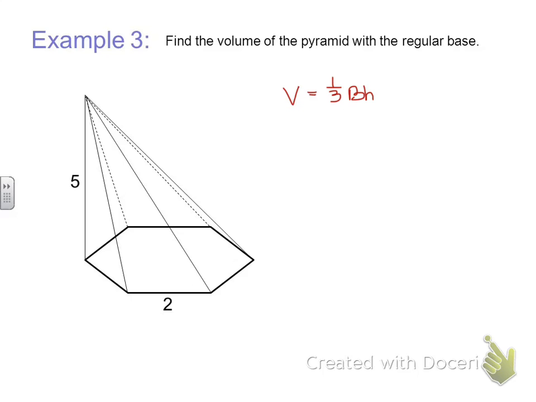Because now I'm looking at this and I'm like, okay, I need to do 1/3 of, the base is what shape? A hexagon. And do I know how to find the area of a hexagon pretty well? Right. So remember, for the area of a hexagon, you're looking at this little triangle right here, right? I'm going to draw it off to the side so I can mark it up a little bit.